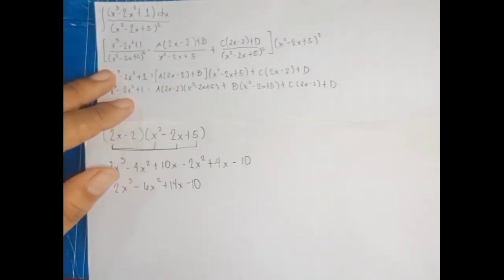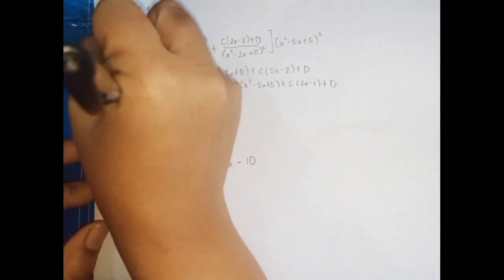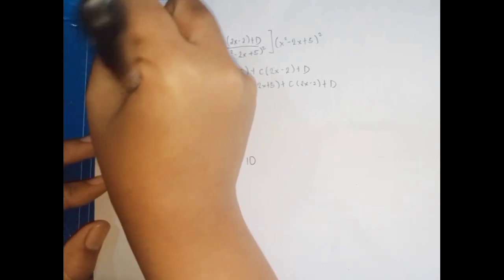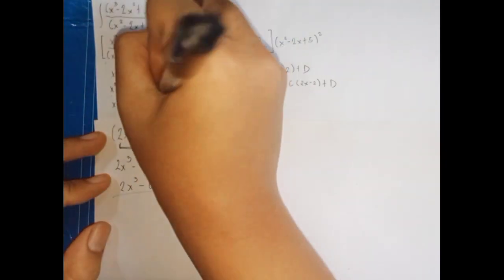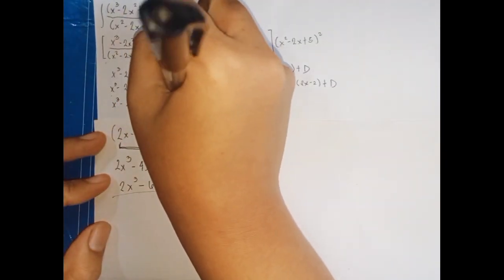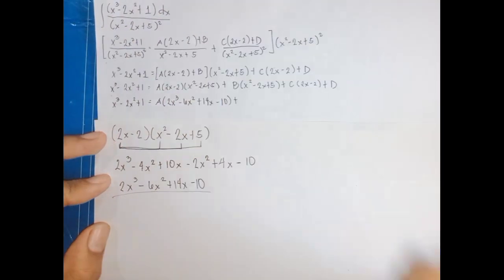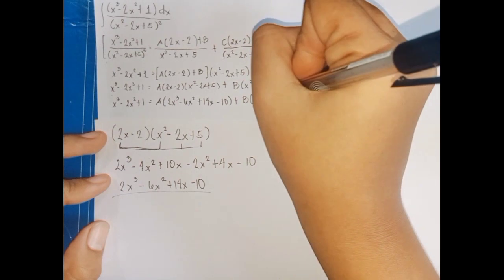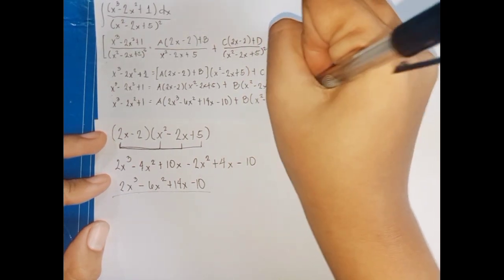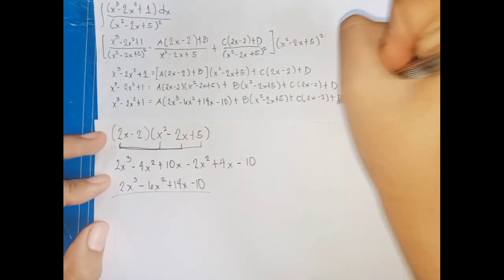Okay, so let's write here x cubed minus 2x squared plus 1 is equal to a times the quantity 2x cubed minus 6x squared plus 14x minus 10, plus b times the quantity x squared minus 2x plus 5, plus c times 2x minus 2, plus d.